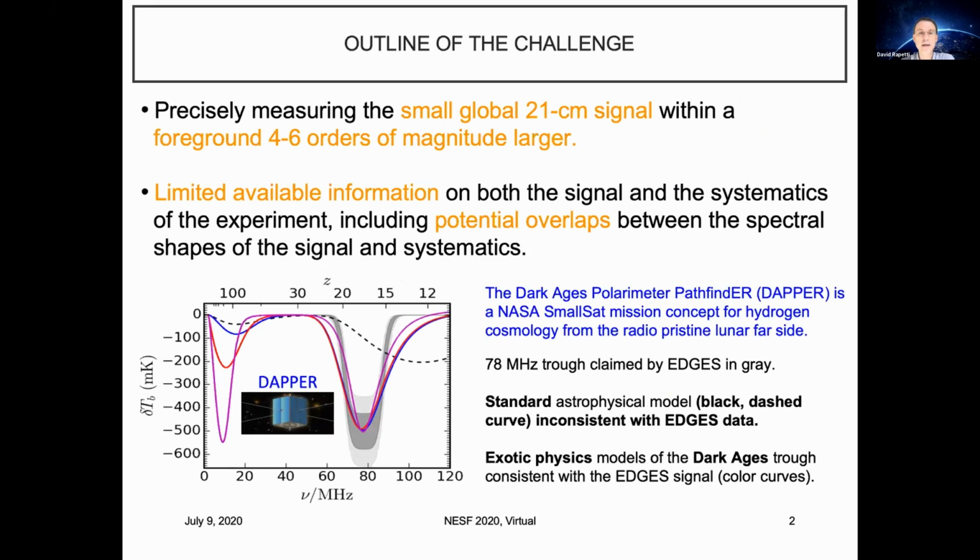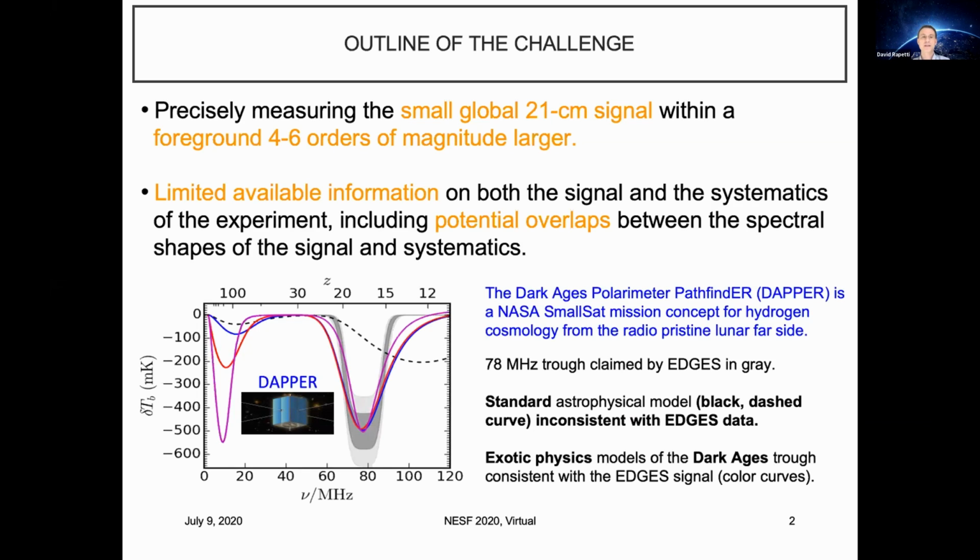And these are the two main challenges that this observation faces. First of all, this signal is very small compared with the foreground. The foreground is 4 to 6 orders of magnitude larger. And the second challenge is that we have limited information on both the signal and the systematics.